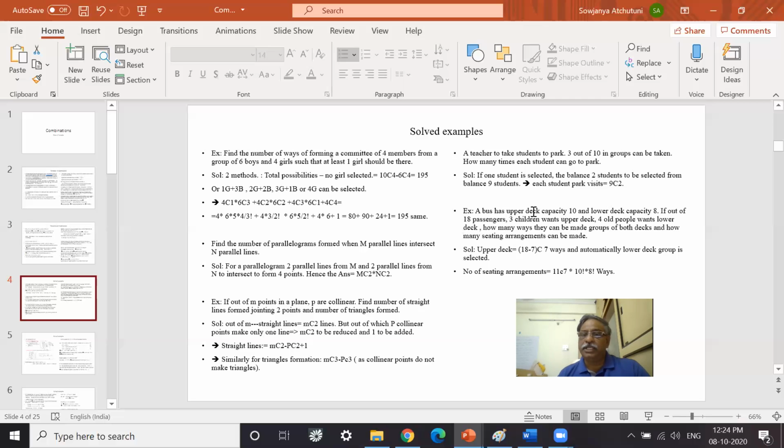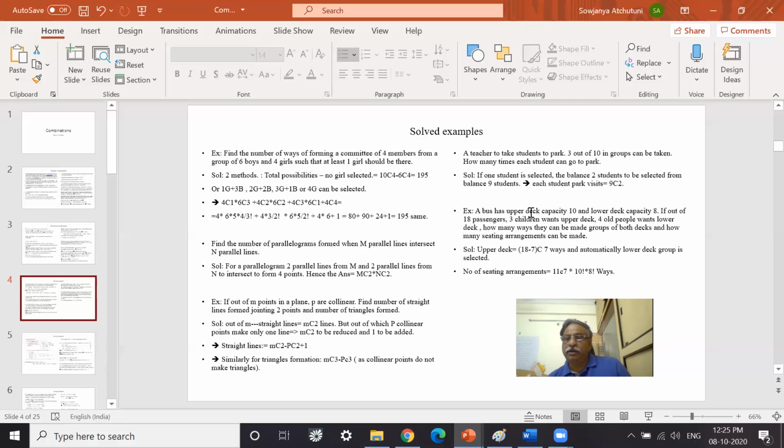Let us say a bus has an upper deck and a lower deck. Out of 18 passengers, 3 children want the upper deck and 4 old people want the lower deck. In how many ways can groups be made for both decks, and how many seating arrangements? Arrangements means permutation. Groups means combination. So he's asking both.